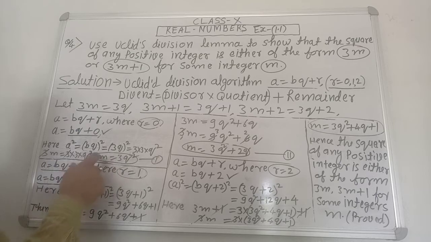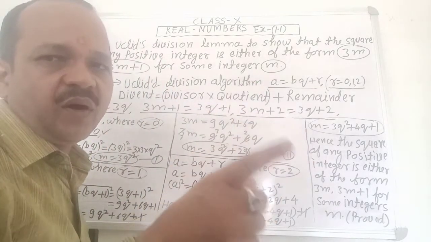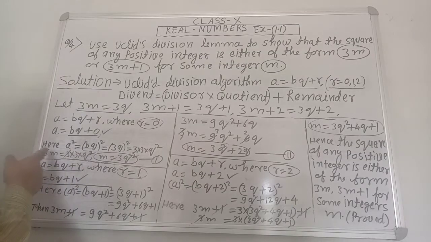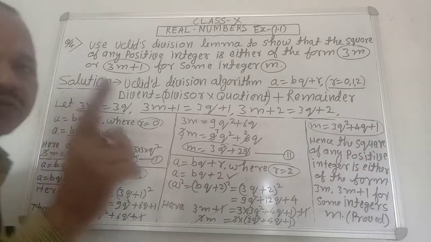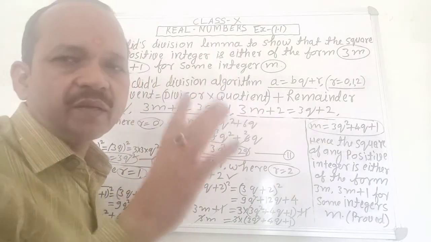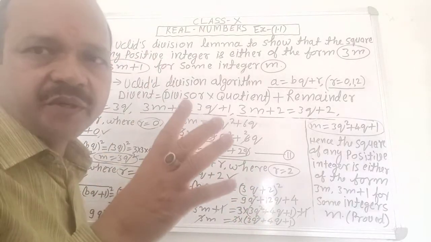It becomes m equals 3q square, because 3 is cancelled by the 3. First step is solved.